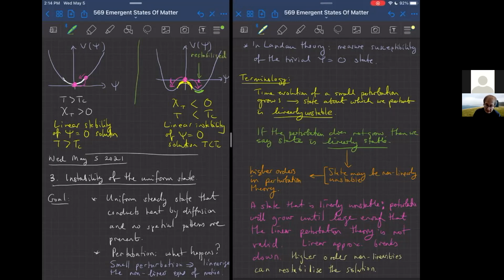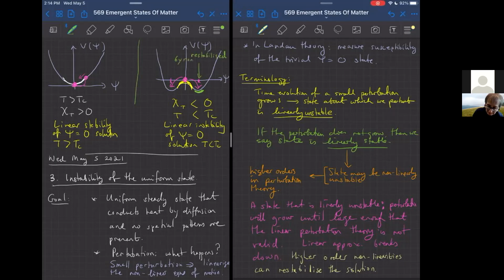And eventually, of course, it goes to that equilibrium solution. But the only way that is happening is through the nonlinearities. That's the nonlinearities in Landau theory that cause the system to be restabilized.